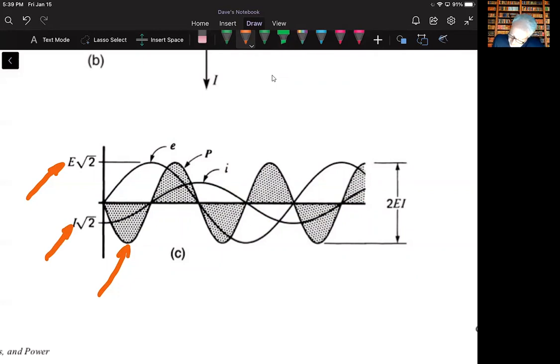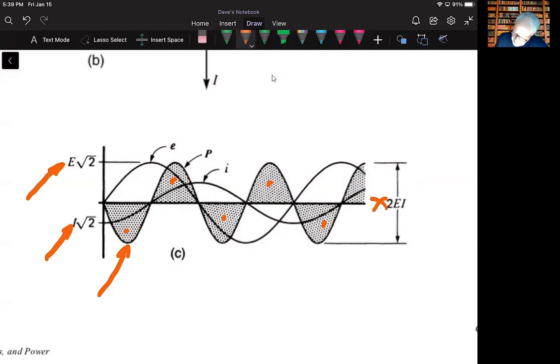But notice that we have just as much power above the x-axis as we have below. Okay, so what in the heck is going on here?